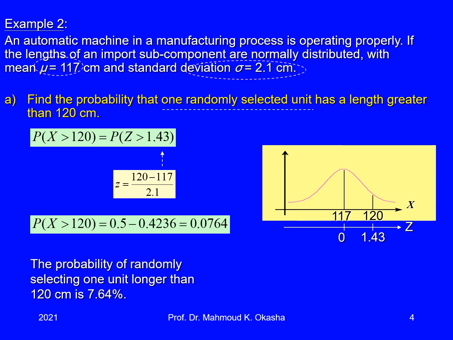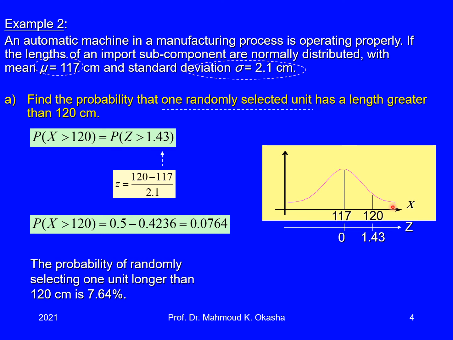We can use any table for the normal probability distribution to calculate the probability. From the normal probability table, we get this result. The probability is this part, from 117 to the end, right?